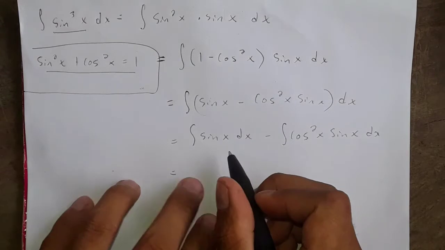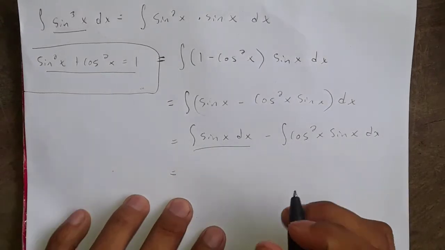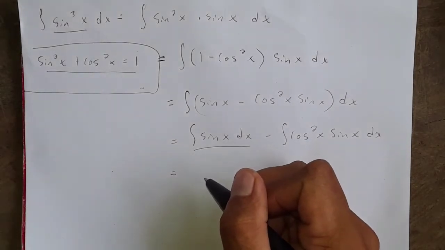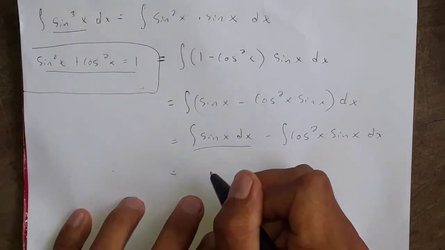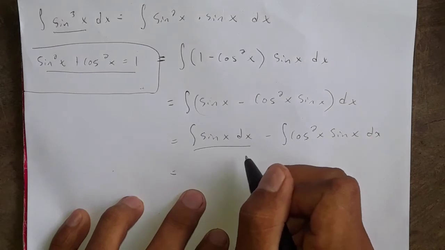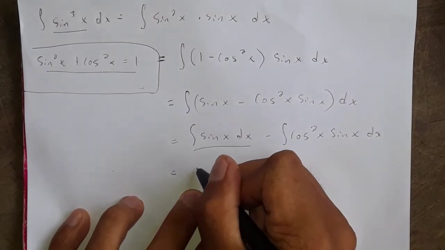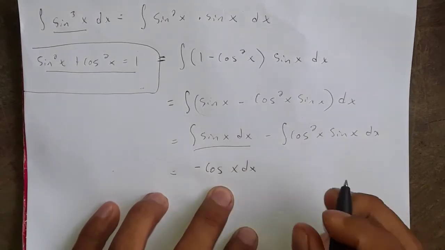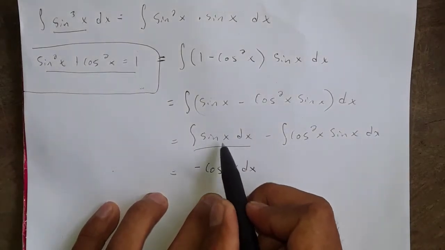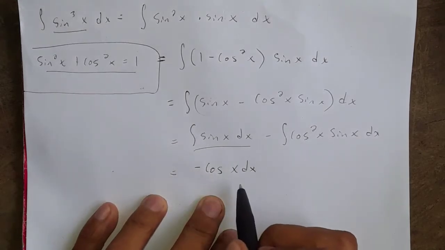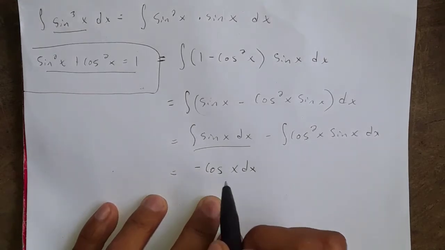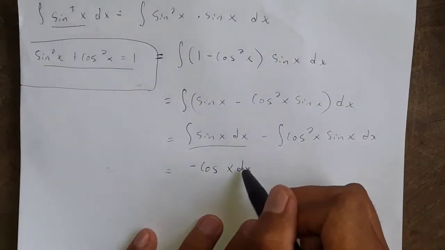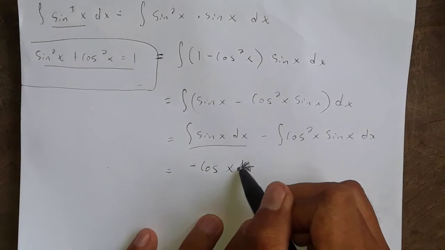The first term we can easily integrate. From our formula, the integral of sine x dx is equal to negative cosine of x. As you can see, the derivative of the inside function is 1, so therefore it's going to be equal to negative cosine x. We have no dx here.